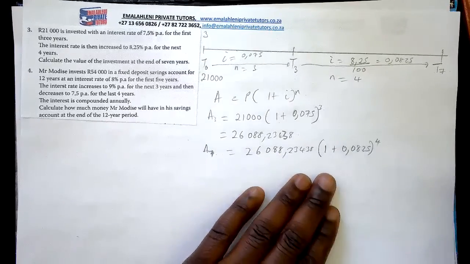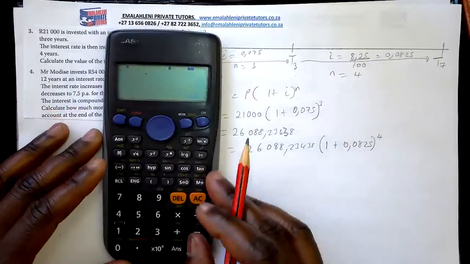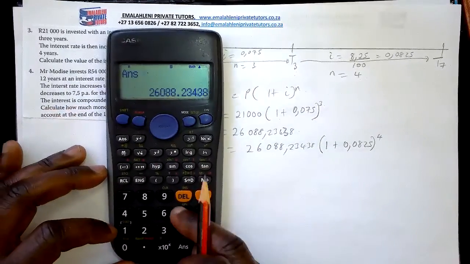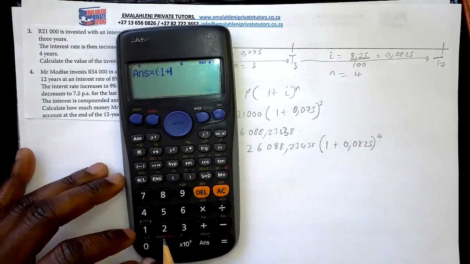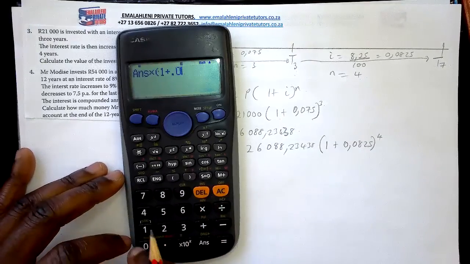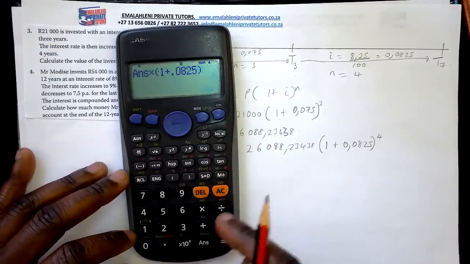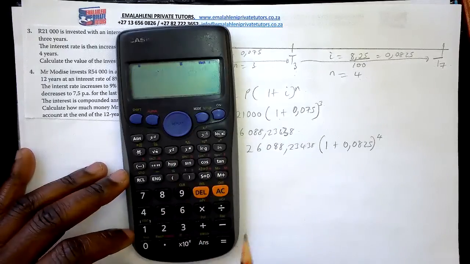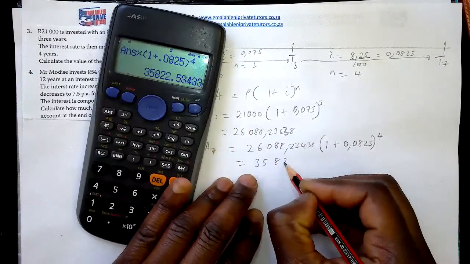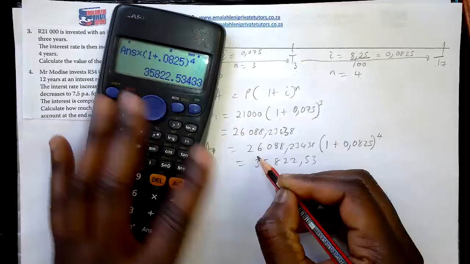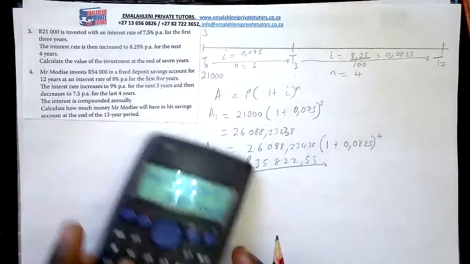Then what do we get, guys? Our answer, times in brackets 1 plus 0.0825, close that, to the power of 4. We get 35,822.53. Is it in rands? Yes, it's in rands. Okay, that's the final answer.